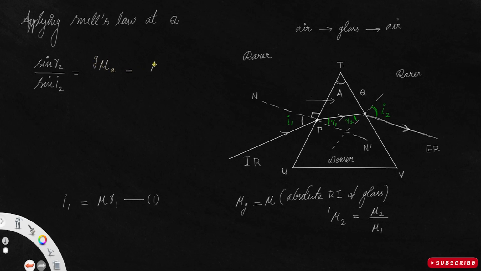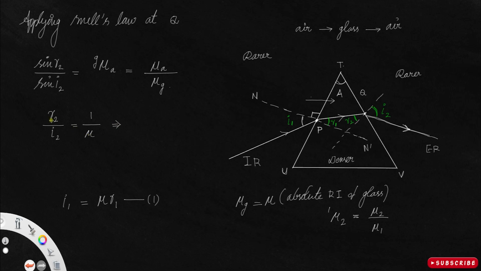Like I said before, it will be absolute refractive index of air by absolute refractive index of glass. And we know for small angles, sine R2 is approximately equal to R2, and sine I2 is approximately equal to I2, which is equal to mu A, that is 1, by mu G, which we took as mu.